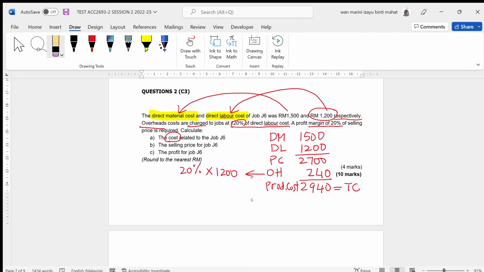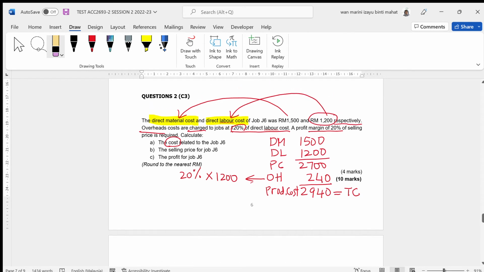We know that the margin is 20%. So how do we determine the selling price? When it is margin, as I explained to you in class before this, since we know the profit is 20%, and margin means selling price would be 100%, so the total cost is represented by 80%, the weightage.